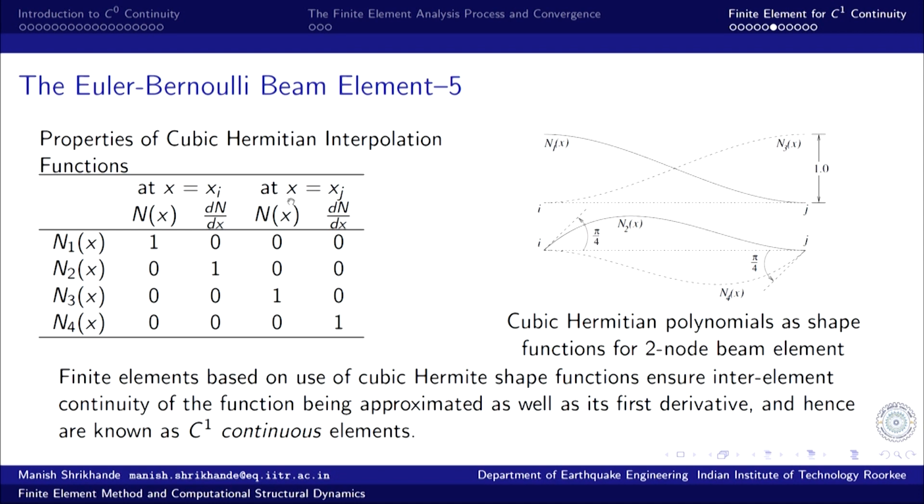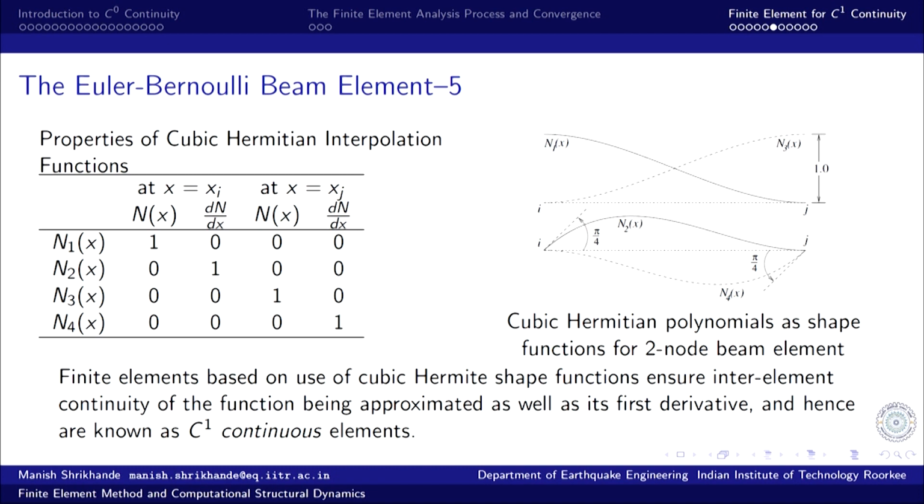Similarly, N1 when evaluated at x_j is 0 and its derivative also vanishes at x_j. N2 vanishes at x_i, but its derivative is unity, its slope is unity at x_i, and it vanishes at x_j, and its derivative also vanishes at x_j. N3 vanishes at x_i and its derivative also vanishes at x_i, but it takes unit value at x_j and its derivative is 0 at x_j. Finally, N4 has unit derivative at x_j, and the function value and its derivative at x_i are 0, and it also evaluates to 0 at x_j.